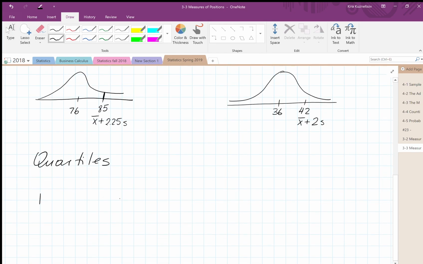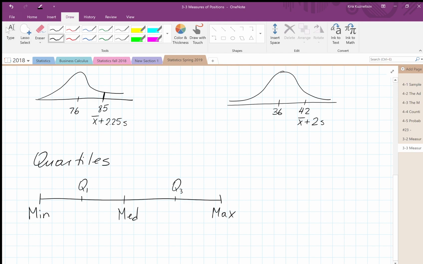Your data will subdivide into what's called a 5-number summary. You start with a min, the lowest value. You end with a max. Right in the middle is going to be your median. And the median between the min and the median is called Q1, and the median between the median and the max is called Q3.